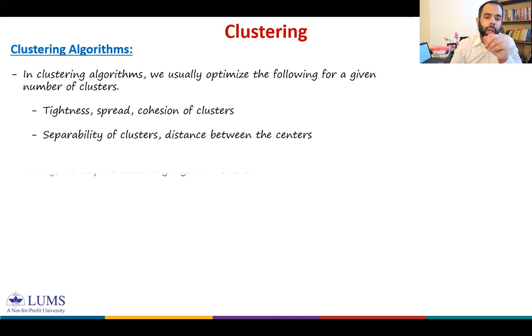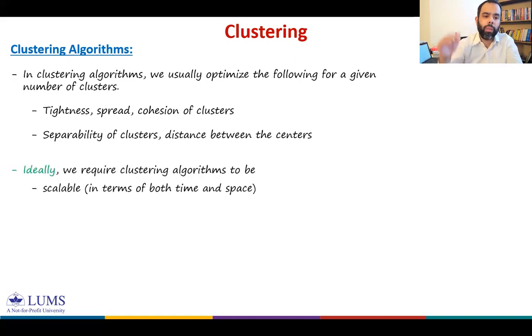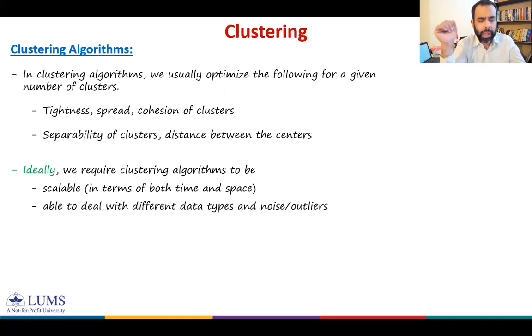Ideally, we require clustering algorithms to be scalable in terms of both time and space. They should be computationally efficient, and they should be able to deal with different data types, and they should be insensitive to the presence of noise or outliers. And they should be insensitive to the order of input records.